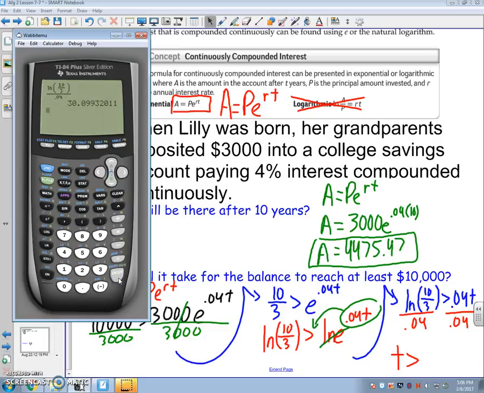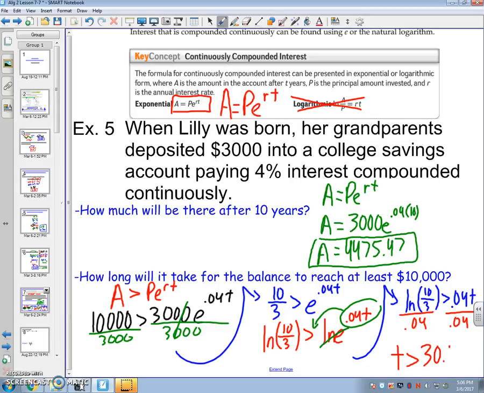I get 30 point, I'll do 2 decimals, 30.10 years. So I have to wait at least 30 years for it to hit 10,000. More than 30 years means more than $10,000. That's my answer. So it's just a problem where you had to solve the exponent by doing logarithms.